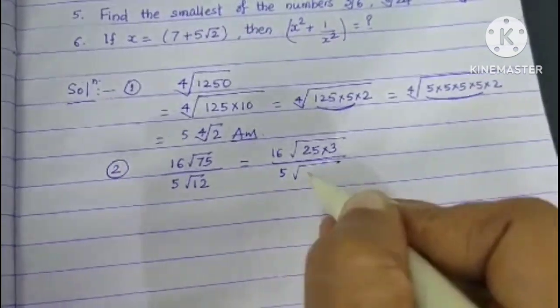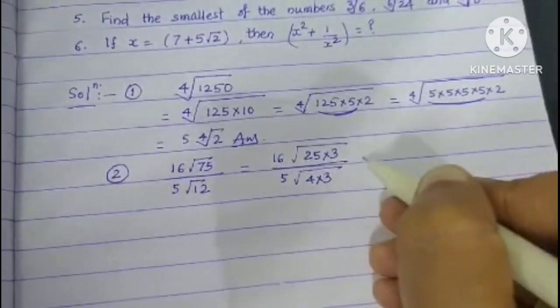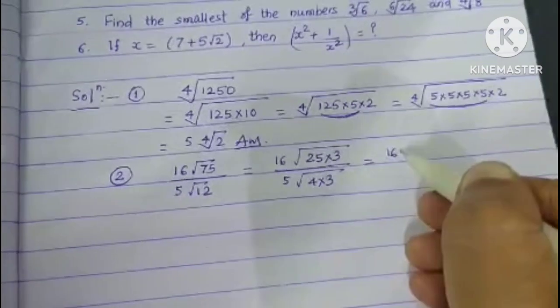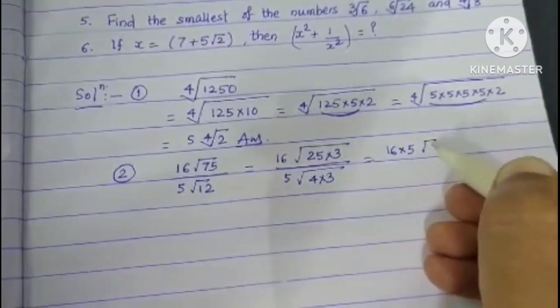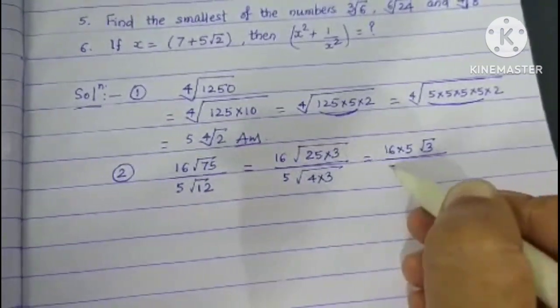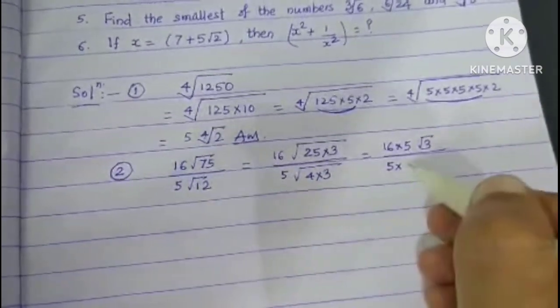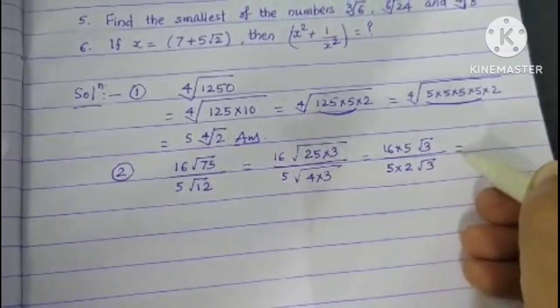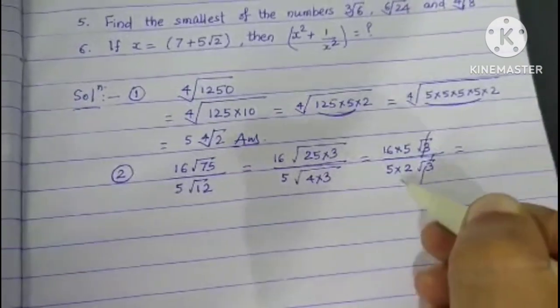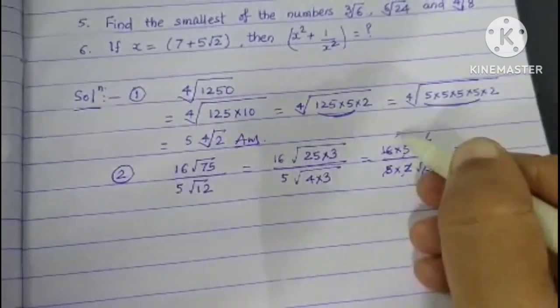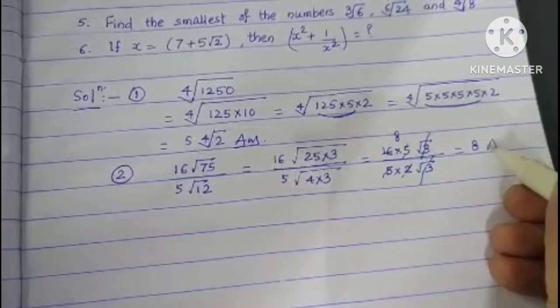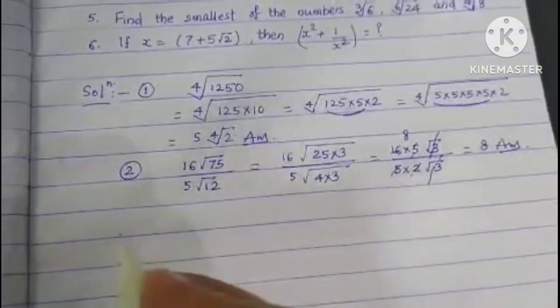Here we can write 4 multiplied by 3. So this way 5 will come out, 16 multiplied by 5 and root 3, and here 5 multiplied by 2 comes out, root 3. This one will cancel out, this one cancel out, this one becomes 8. So that is equal to 8. Our answer will be 8.